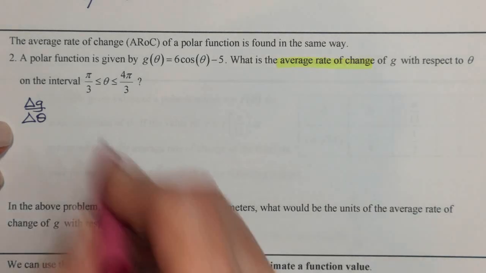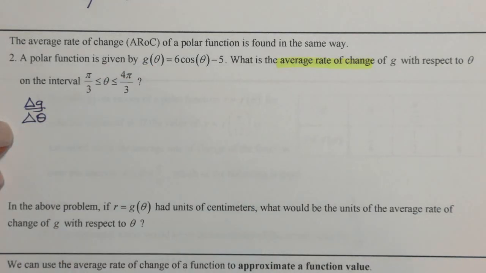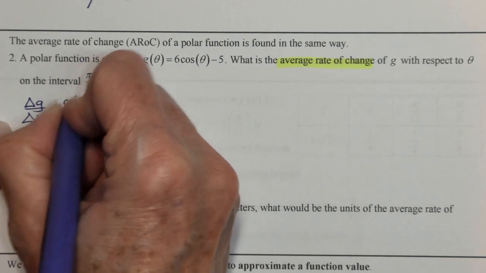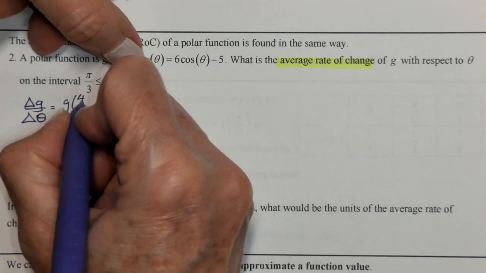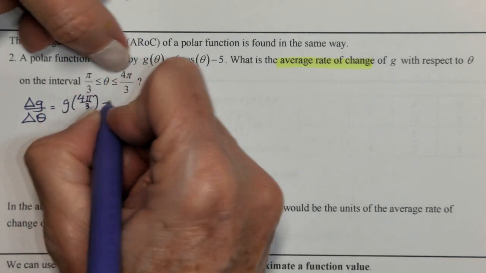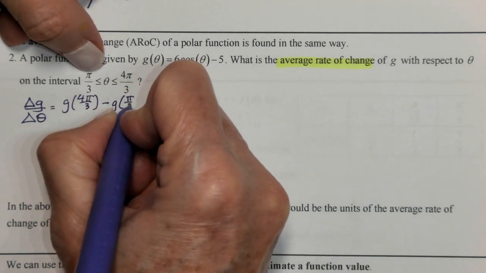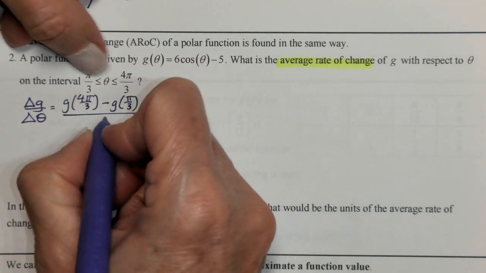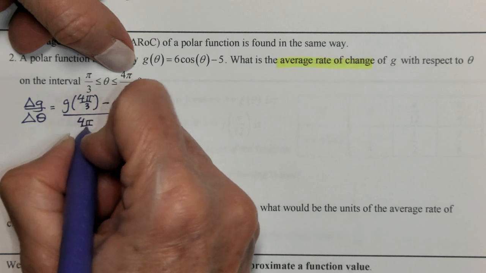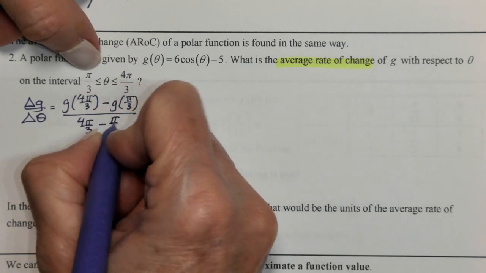Okay? And so this is still going to be g of 4 pi over 3 minus g of pi over 3 divided by 4 pi over 3 minus pi over 3.